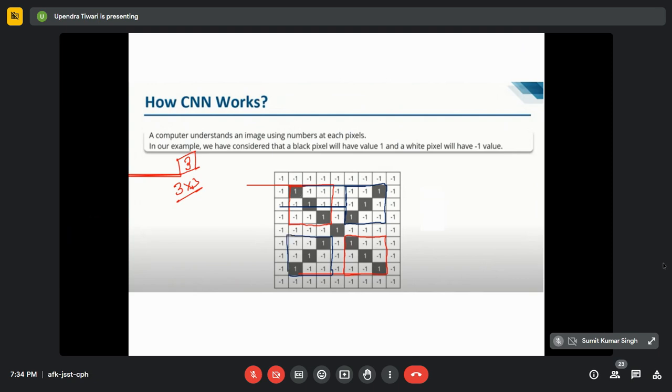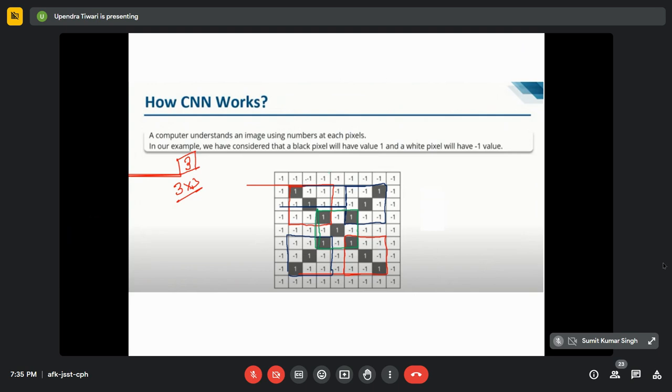So the upper left is equal to the bottom right, and the upper right is equal to the bottom left. And the other feature or filter we are using, that is what? That is this one. You see? So in this case, we have taken 3 unique features, and the size of these features we have taken as 3x3.